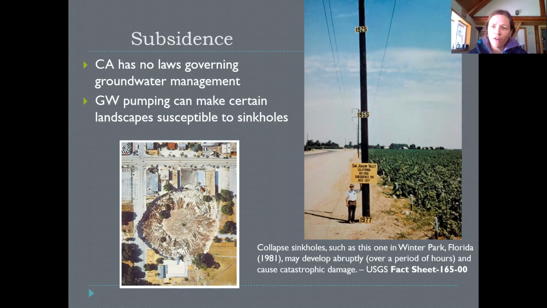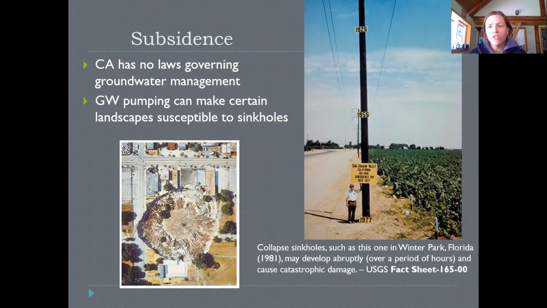At some point they were filled up with water, and then the movement of the groundwater out of the cave causes the cave to not be buoyantly held up as it was before. Then the ground can all of a sudden, in a very spectacular and horrifying manner, collapse into that area where the water no longer exists. So the picture on the left is a picture of a sinkhole.